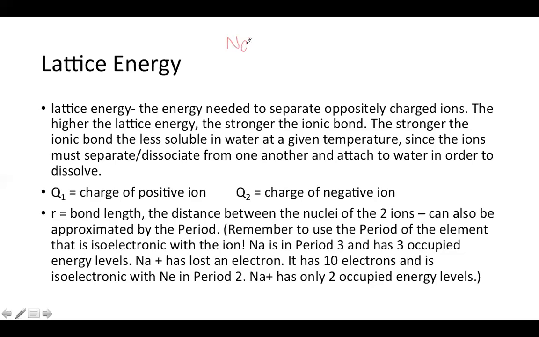Say we're looking at sodium chloride versus potassium chloride. Sodium chloride, if we split it again, sodium would be a +1 and chlorine would be a -1. Potassium chloride, if we split it, we'd have +1 and -1.